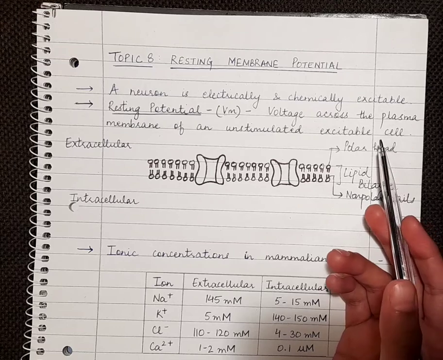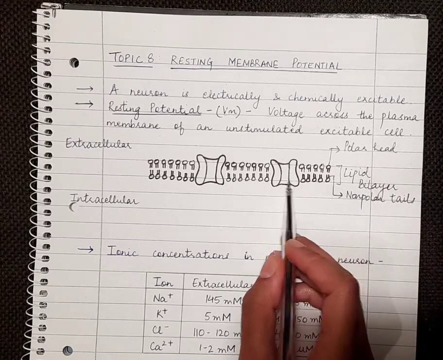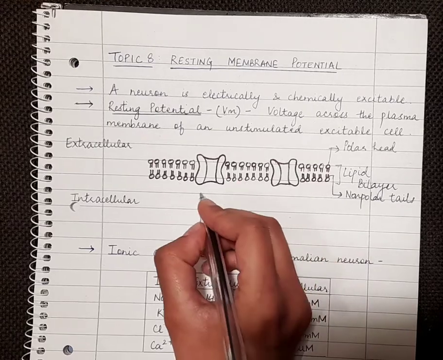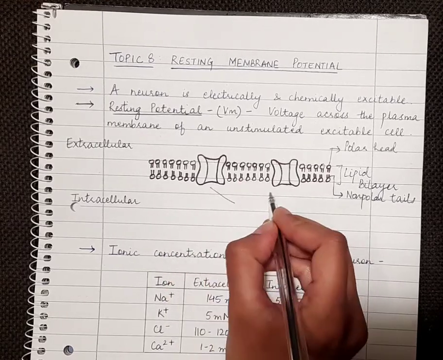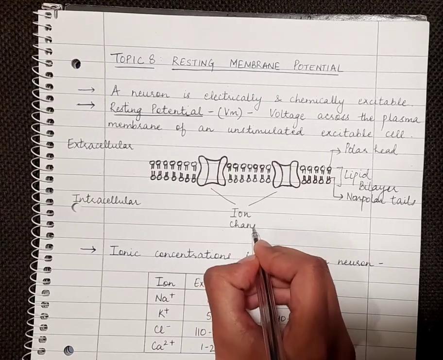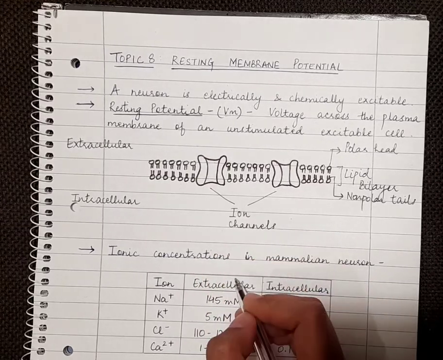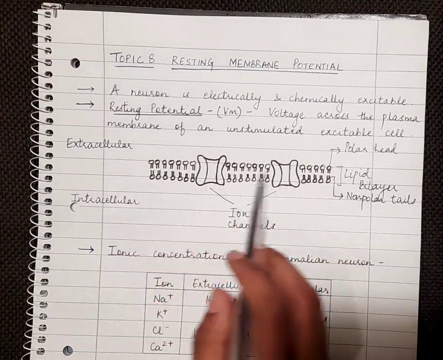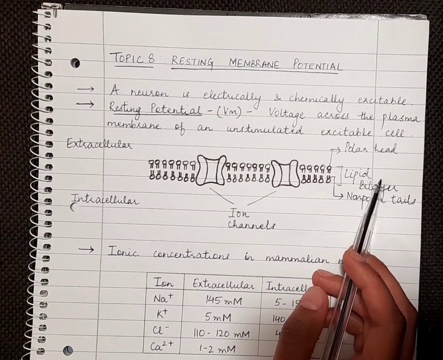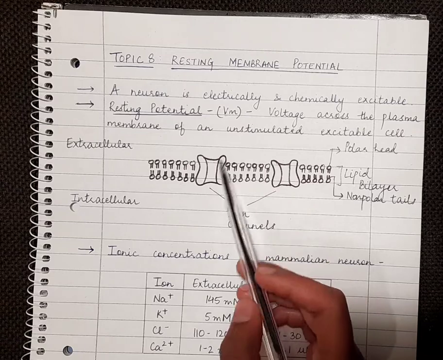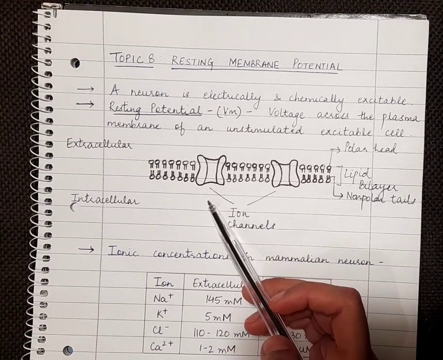So how this happens is that there are special proteins embedded in this bilayer, known as ion channels. They are special proteins which span the membrane, present throughout the membrane of the neuron, and they allow the transfer of ions, so ions can go outside or inside.